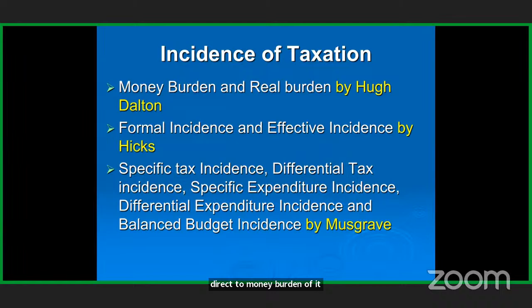It is also Dalton's direct money burden of a tax. Here, the formal incidence is the proportion of people's income which is collected by the persons who provide them with goods and services, but paid over to the governing bodies to finance collective satisfaction.